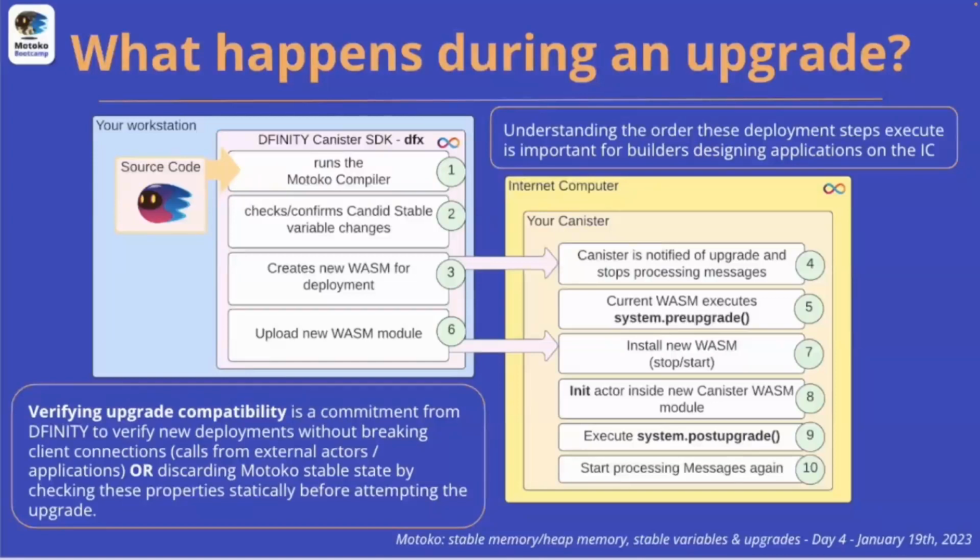It's on this slide. It's very important. The things that it does in steps 1 and 2, and there's a whole wealth of reading that you can do on how it makes those comparisons and understands whether or not this is a viable upgrade, and whether or not this upgrade will potentially destroy your data so that you can manage it.